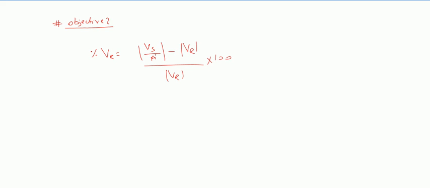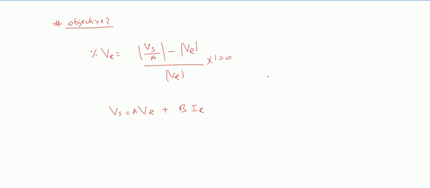Okay, this Vs by A minus Vr divided by Vr, where Vs by A is from, if you know the transmission line parameters, Vs equals AVR plus BIR, right? So like this, there are the transmission line equations for the sending end voltage.